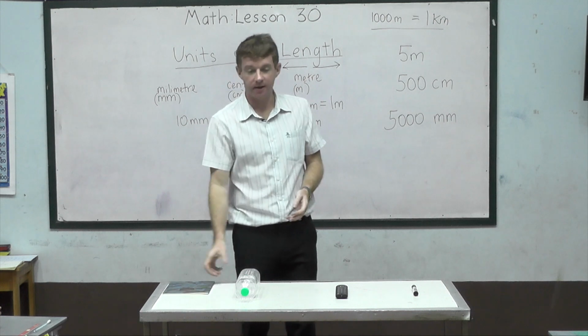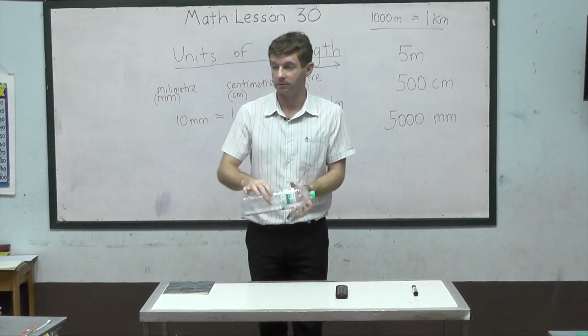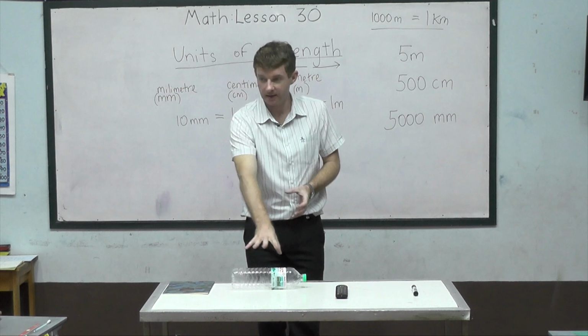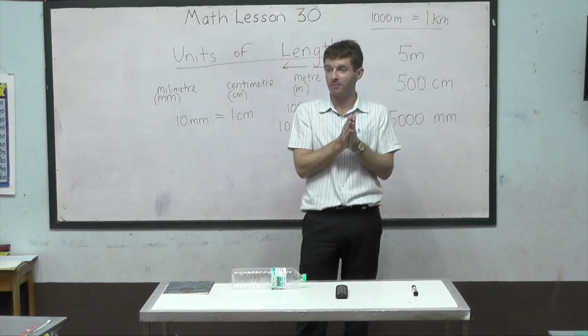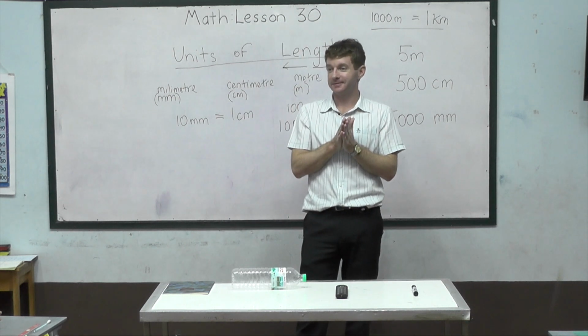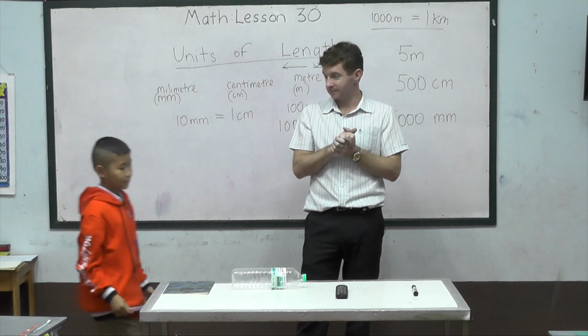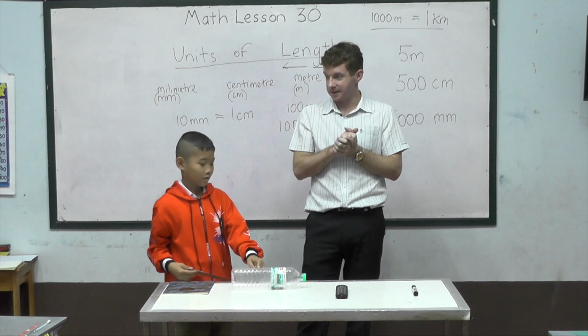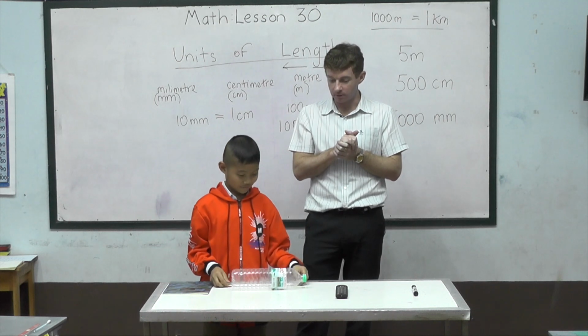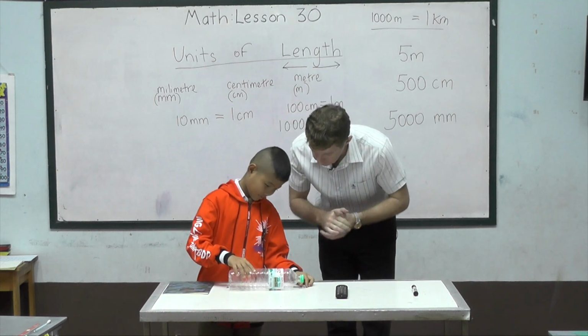Next, we have a plastic water bottle. Can you tell me how long is the plastic water bottle? That's it, bring your ruler. So, how long is the plastic bottle? What do we need to do?